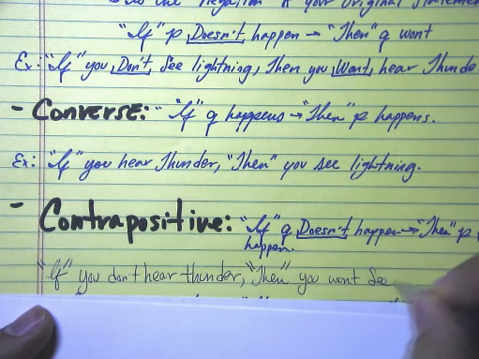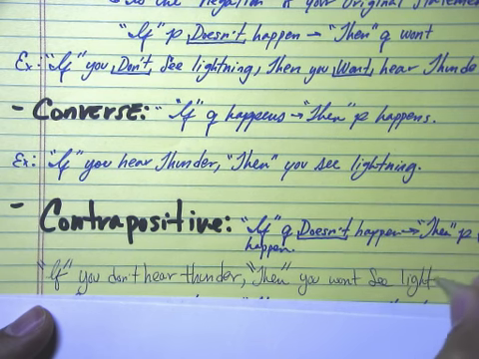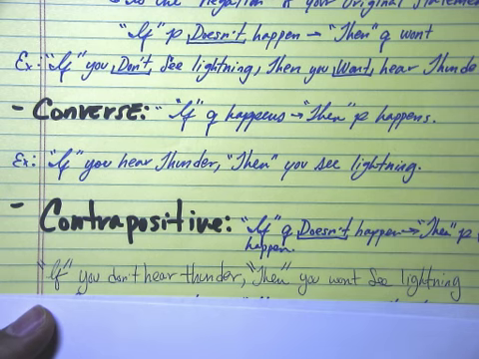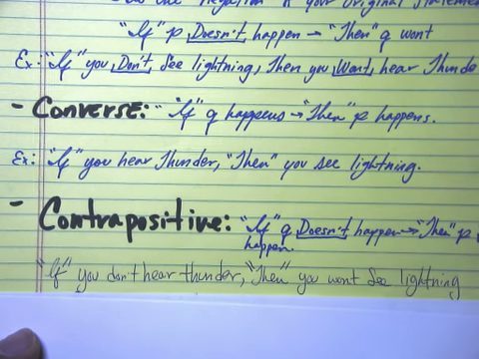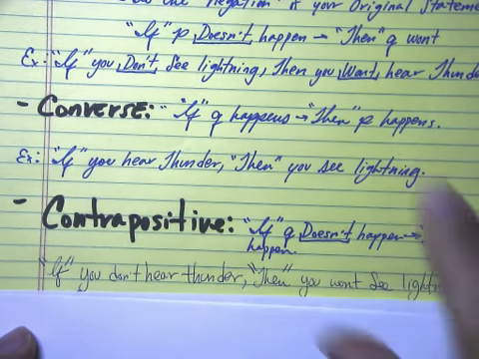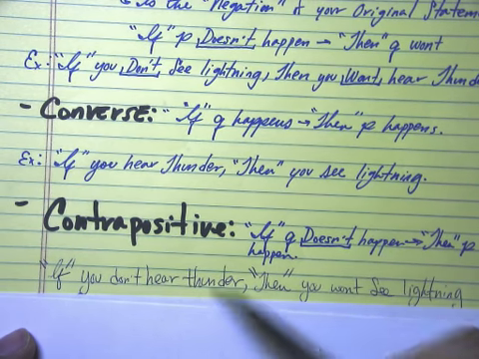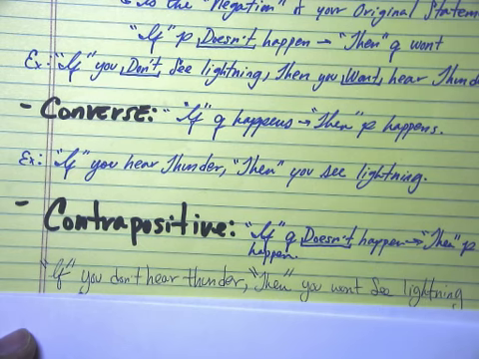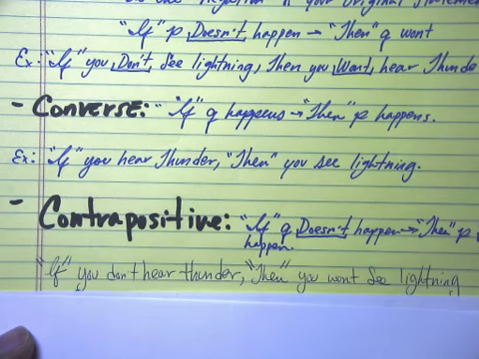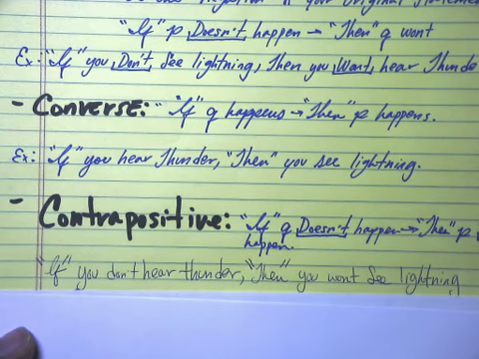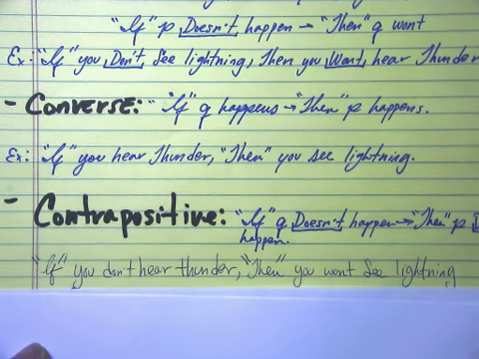Well, if you don't hear thunder, then you won't see lightning. So the contrapositive is the switching and negating of my conditional statement. So if you don't hear thunder, then you won't see lightning.